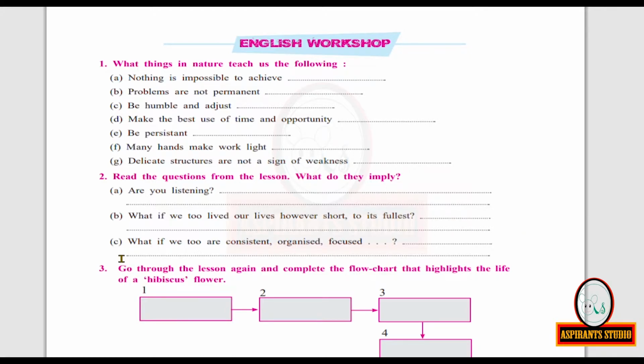Now coming to C. What if we too are consistent, organized, focused? Answer.